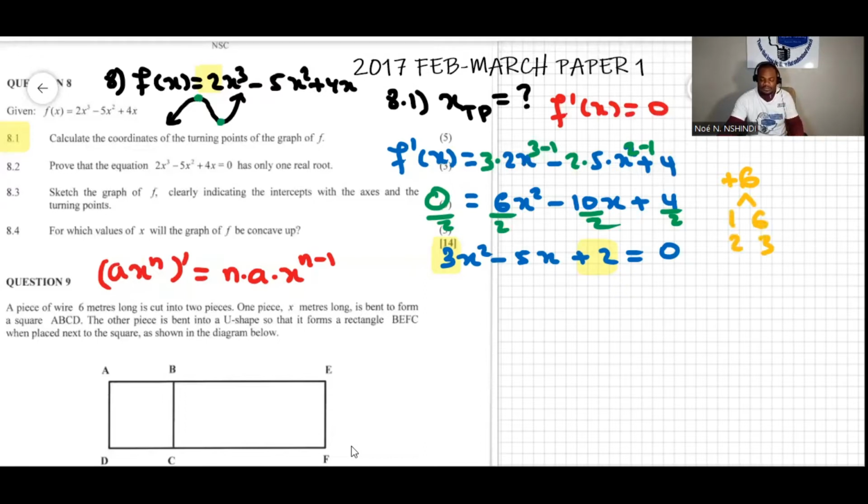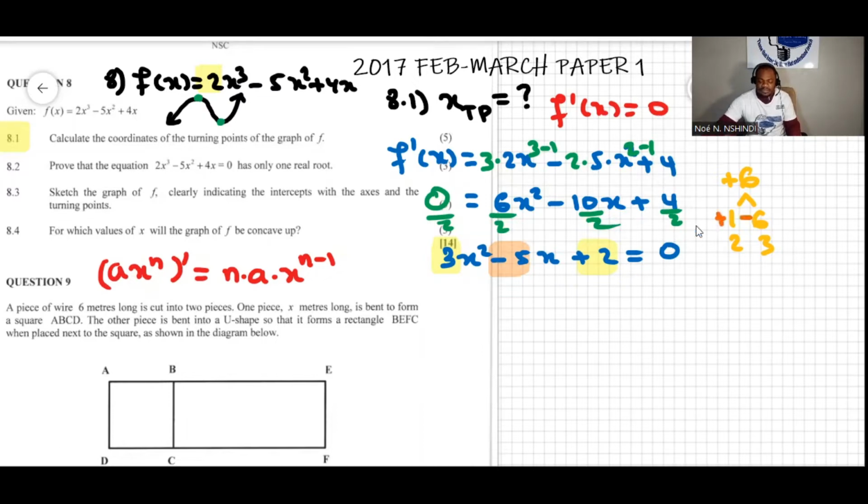2 and 3. Now I want to say to myself, which couple of factors of 6 will make a sum equal to the coefficient of x, which is -5? Let's see, how can I get -5 here? With 1 and 6, yes, we can get -5 if it's +1 minus 6.